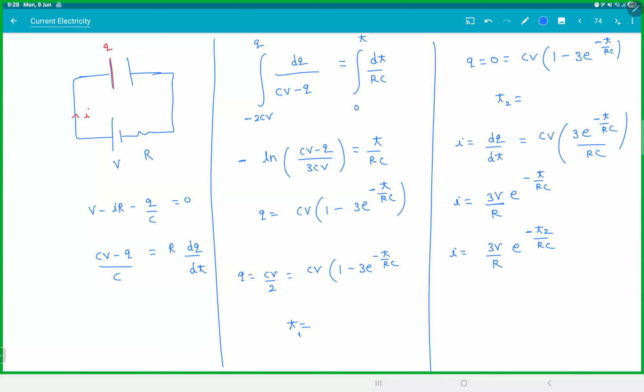Clear with that? I'm not simplifying, but check it out. Got the equations right. Any step you're not convinced, or anything else that you see that you're not convinced about, please ask. So the main thing is that once you get the value of small q, I can get whatever I want. I can find time when q is CV by 2. I can find time when q is 0. Once I know the times, I can differentiate the charge, I'll get the current, put it there, and you're done.